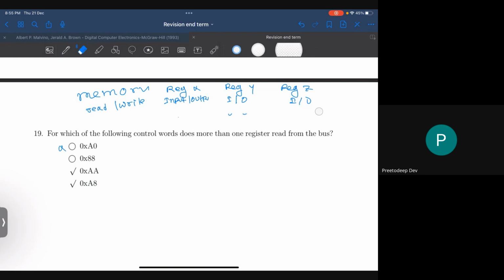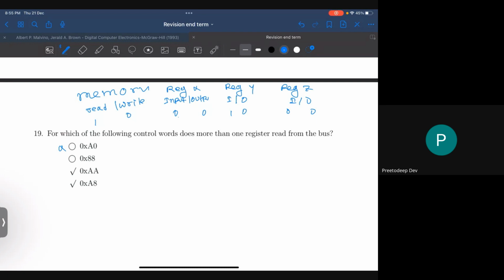Now let's find the second one. 0x88: 88 means 1 0 0 0 1 0 0 0. Is this one valid, more than one? I think this one is valid, because register Y and register Z are also reading from the bus.